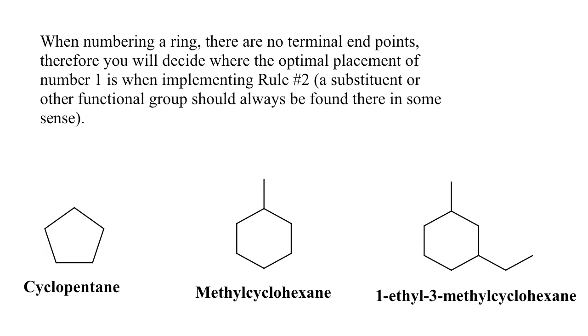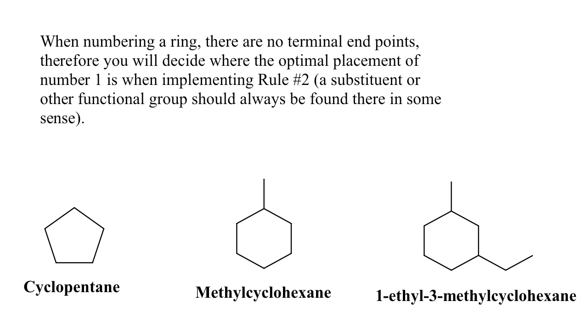On the left there, you see just a cyclic compound. That's a 5-membered ring, so it would be called cyclopentane. Now take a look at the middle one. This is interesting. It's methylcyclohexane. So we know cyclohexane comes from the fact that it's a 6-membered ring, and there's a methyl group attached to that ring, but there's no number 1 associated with this.